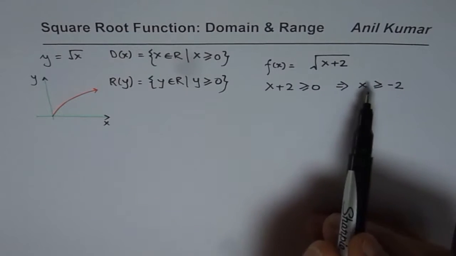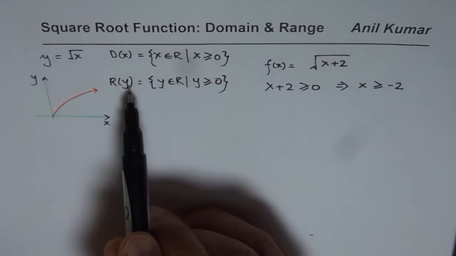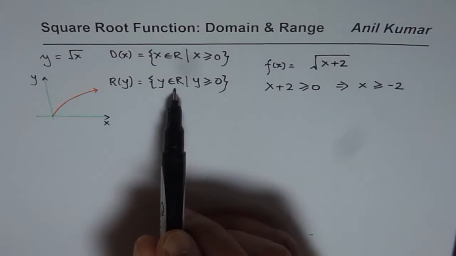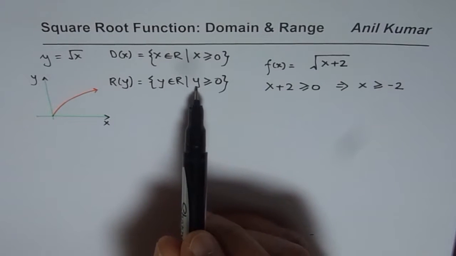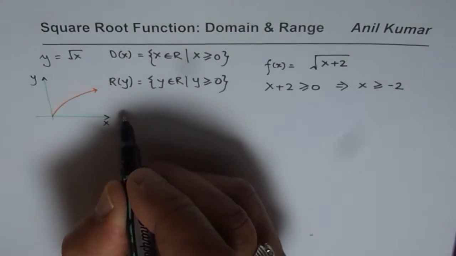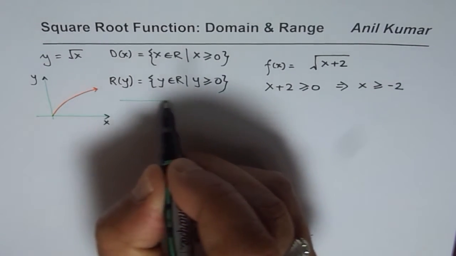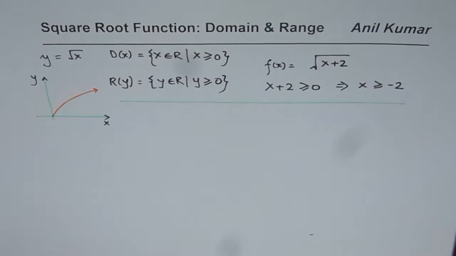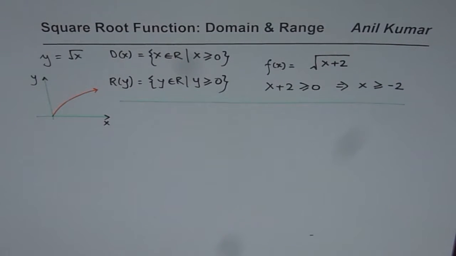The range will remain the same as in case 1. That is, y value will always be greater than or equal to 0, right? Now, let me consider a few complicated cases and understand how to write their domain and range.